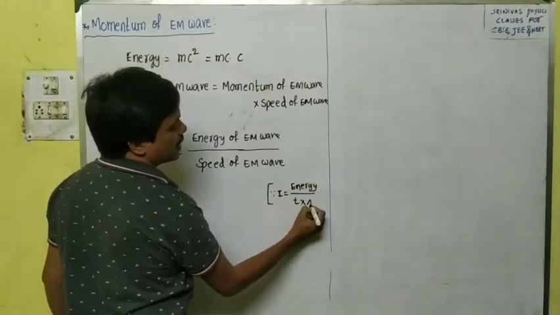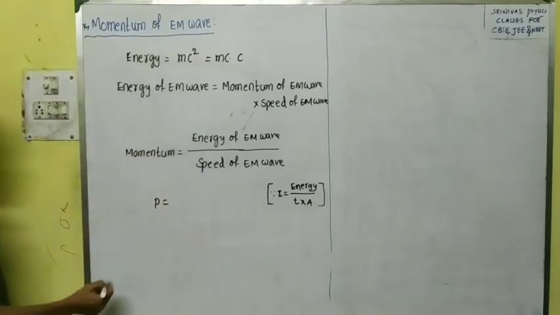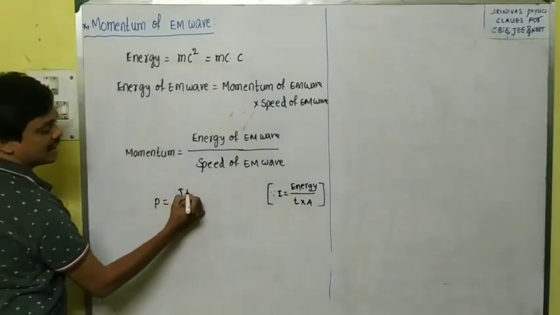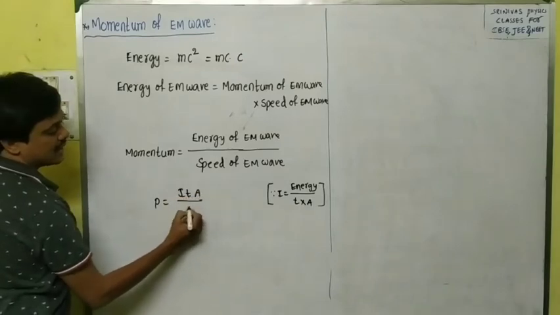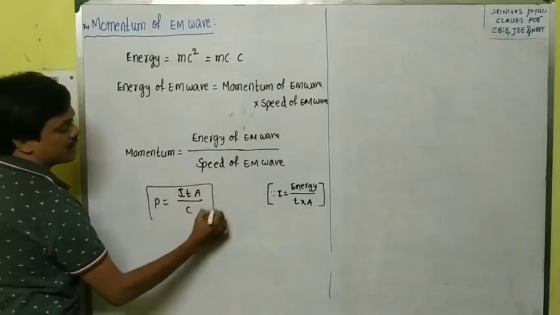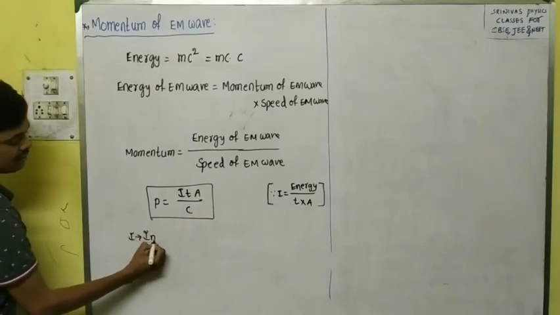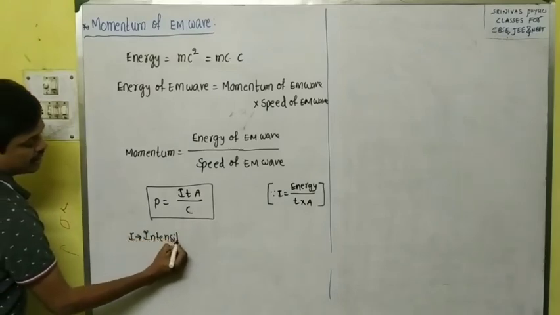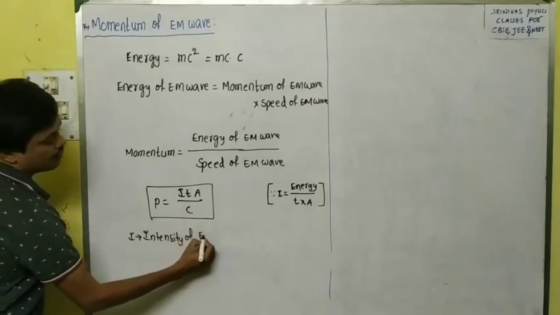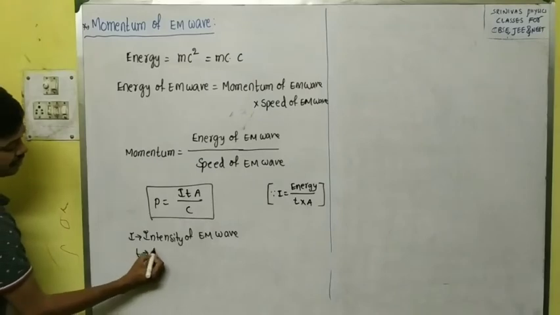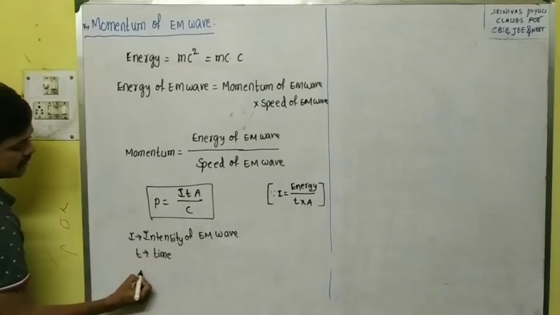If you want the energy formula, we take time into area to the left side, and we get I T A by speed c. This is the formula for the momentum of EM wave, where I is the intensity of EM wave, T is the time, and A is the area.